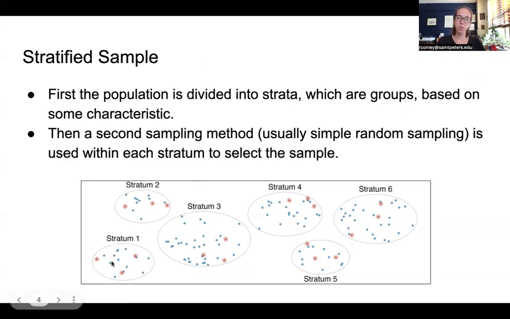We might create a group, stratum 1 might be the humanities, stratum 2 might be the STEM students, stratum 3 we might have nursing, stratum 4 engineering, stratum 5 business, stratum 6 social sciences. And then we would take a simple random sample and select 3 students from each one of those strata.